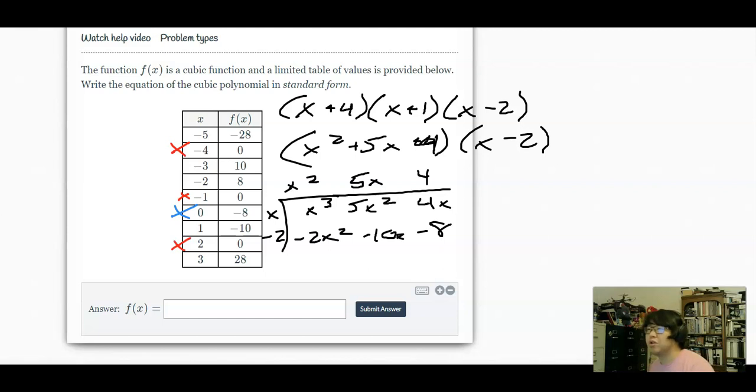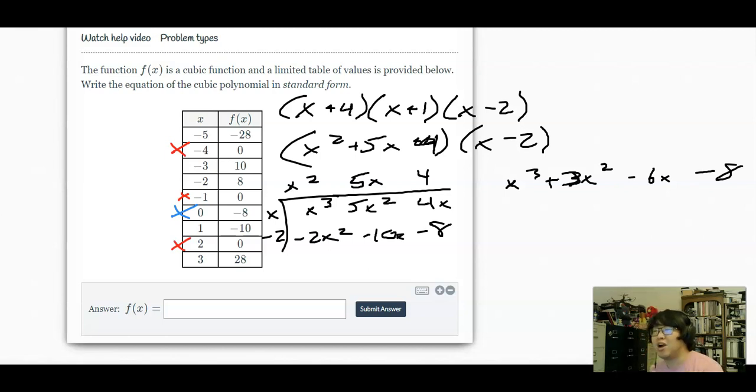So there we have it. We put these all together. x cubed is all alone. Plus 5 minus 2, that's plus 3 in total, x squared. And then I got a 4x and a minus 10x. The minus is overpowering it, so I got minus 6x. And finally, minus 8 is all by itself.